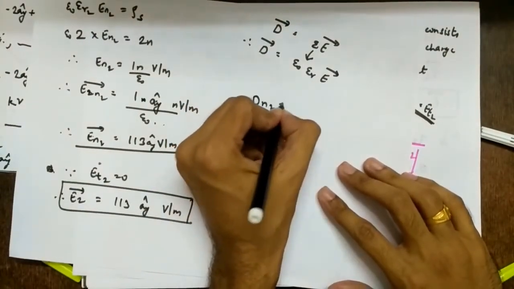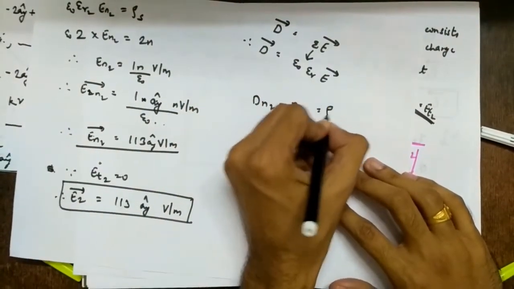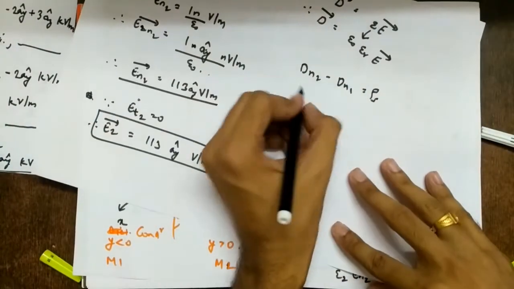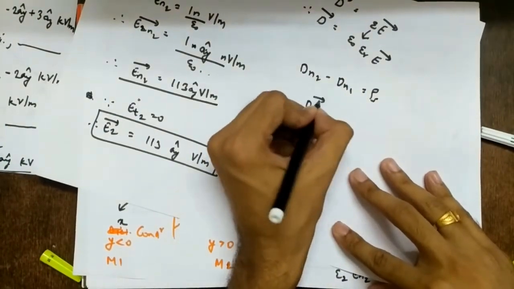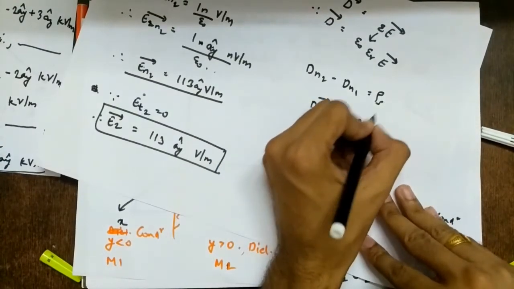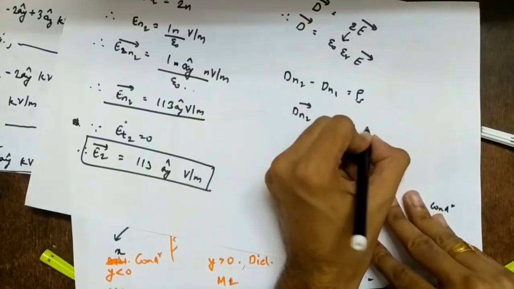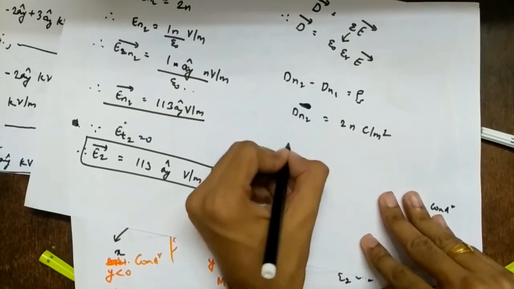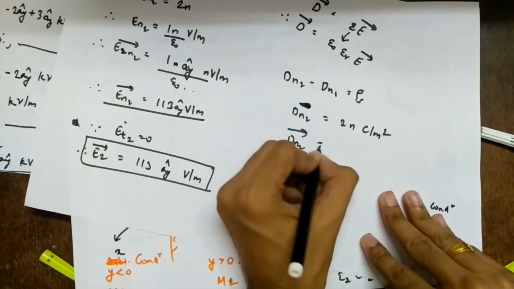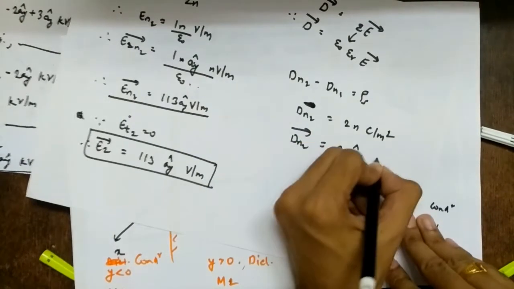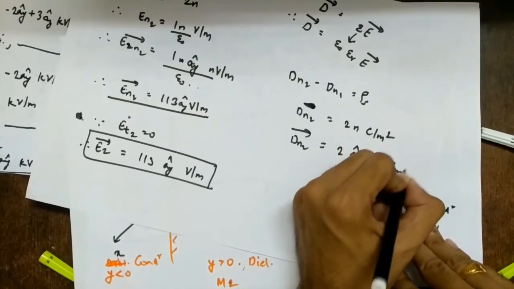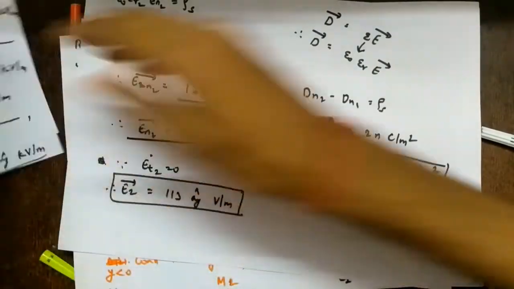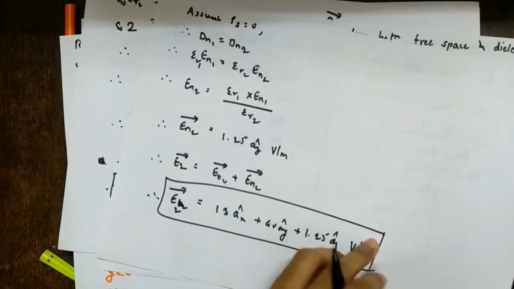What we are saying? dn2 minus dn1 is rho s, right? And d1 is 0, so dn1 has to be 0. So dn2 vector should be what? Rho s is 2 nano. So 2 nano coulomb per meter square. And in which direction? If this is dn2, if I add vector now, it is 2 ay cap nano coulomb per meter square, right?